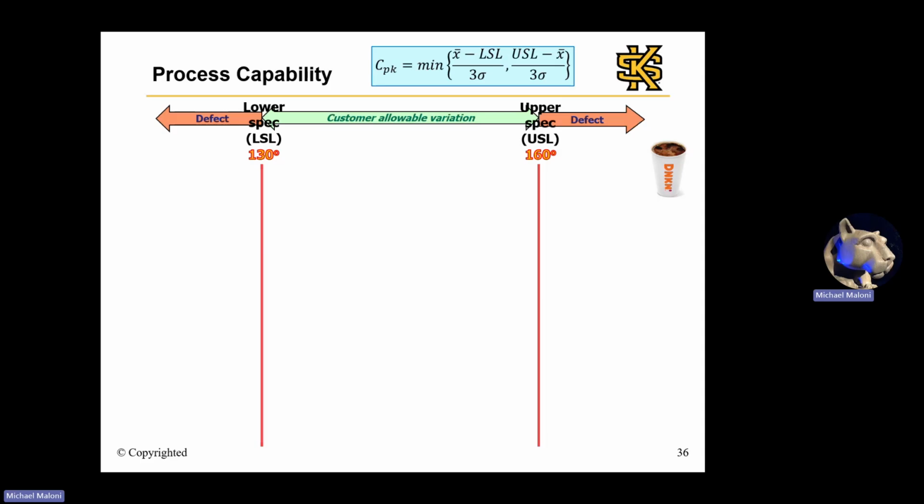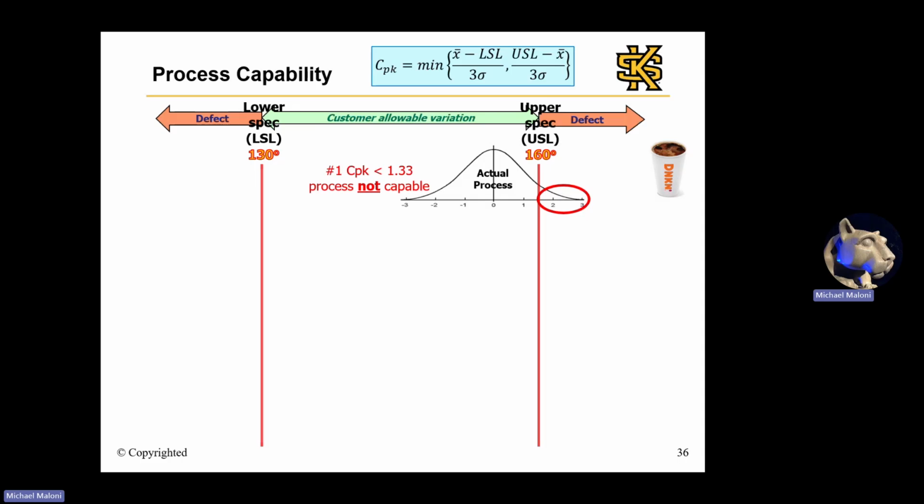So let's consider a scenario of coffee temperatures that follow a normal distribution, but part of that distribution, specifically the upper part, falls beyond the upper spec limit of 160 degrees. In this scenario, the CPK calculation would be less than 1.33. And more specifically, it would be less than 1. The process is not capable of consistently producing within customer specs.